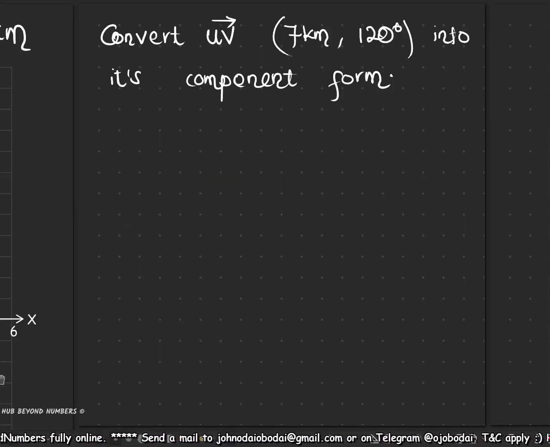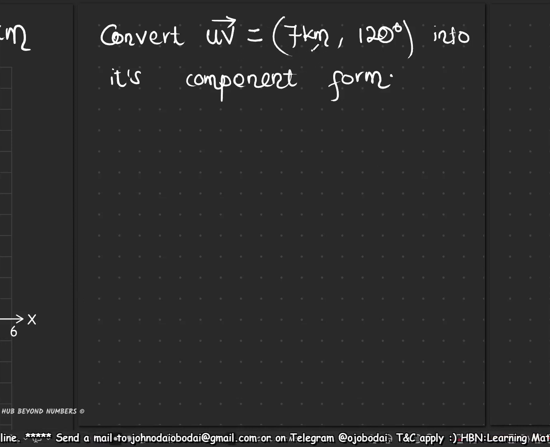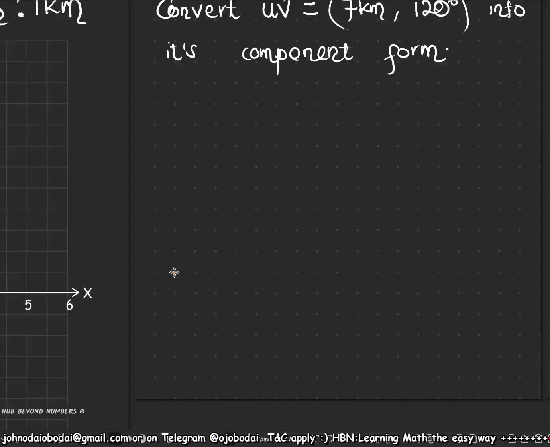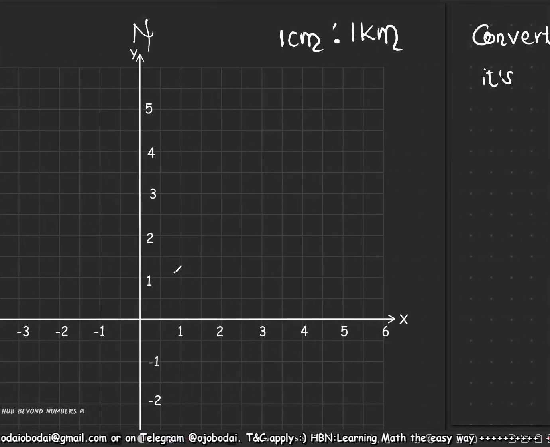This second question says we have to convert UV, which has the magnitude bearing 7 kilometers, 120 degrees, into its component form. So we are converting from the magnitude bearing to the component form. Once again, we are going to use the same method.